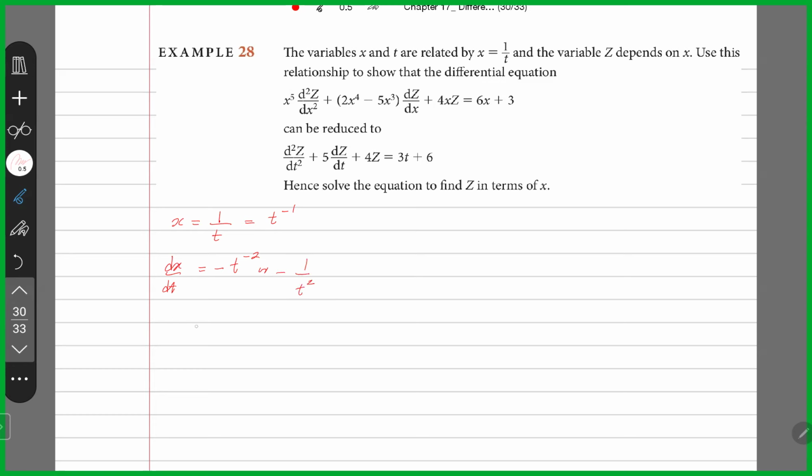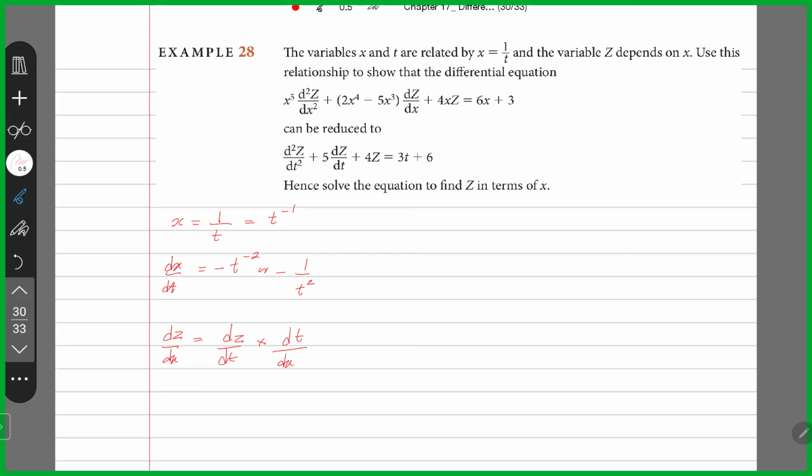Now, dz by dx is equal to dz by dt times dt by dx.